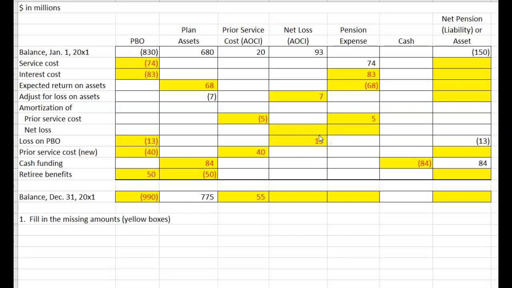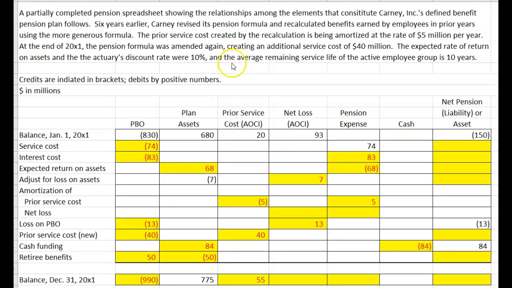Step 3, divide the excess by the average remaining service life of active employees. The problem states that the average remaining service life of the active employee group is 10 years. So, $10 million amount in excess of the corridor divided by 10 years equals amortization of $1 million for 20X1.